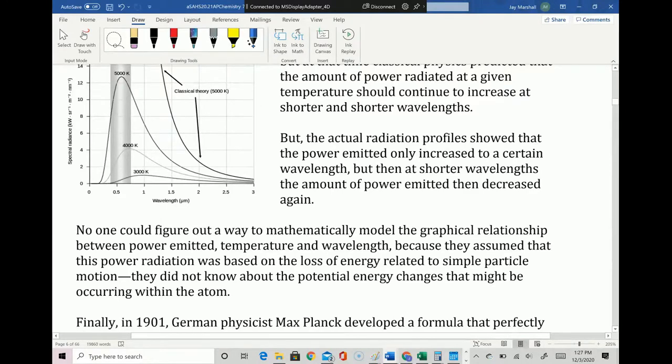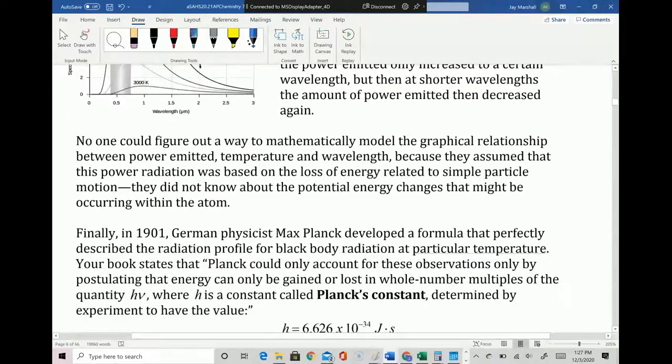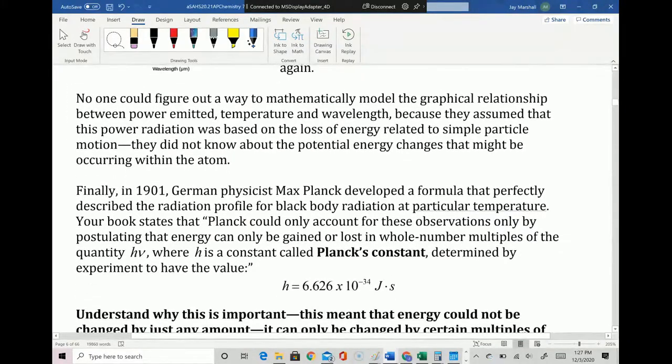Because they assumed that the loss of radiation, the radiation that was being emitted, was related to the fact that the particle motion slowed down when it lost the energy. They didn't know that something happened inside of the atom when it lost that energy.